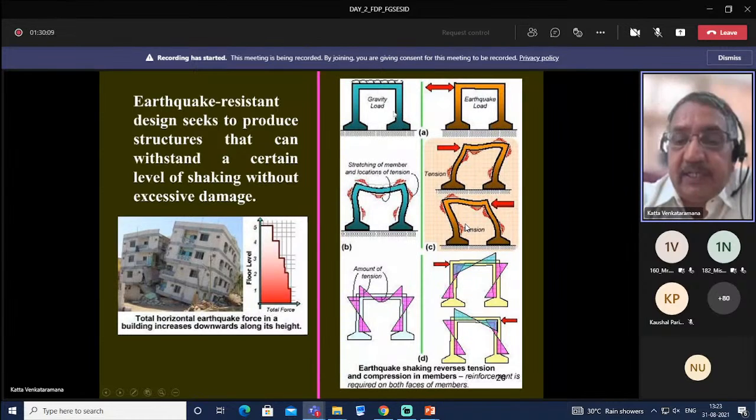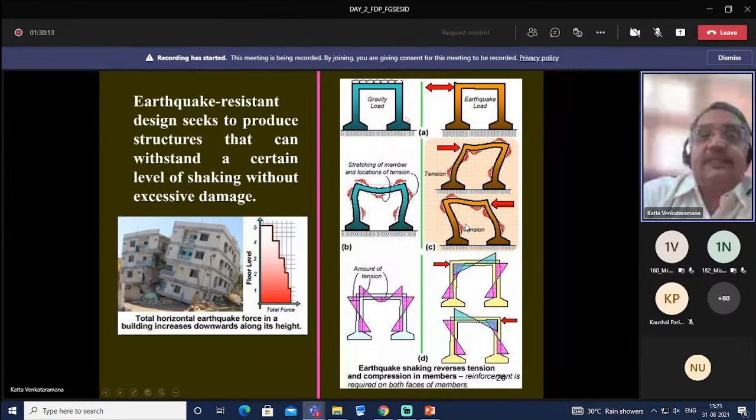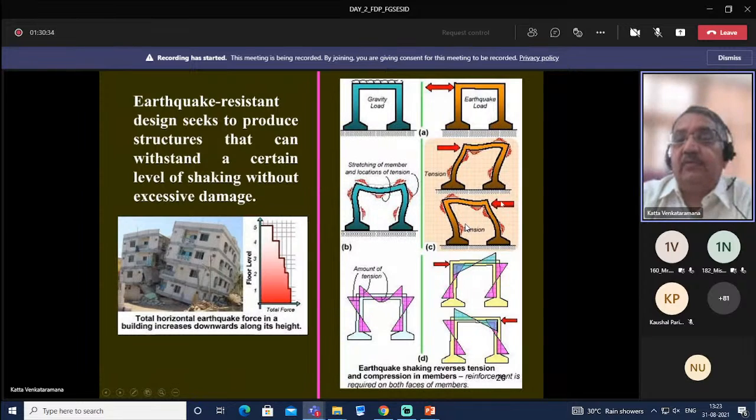The difference between gravity load and earthquake load is shown here on the right hand side. So this is the gravity load. This is the deformation shape. Stretching of members and location of tension. These are the areas where we expect tension and we provide reinforcement accordingly. Whereas in the case of earthquake load, it can be from left to right and then right to left.